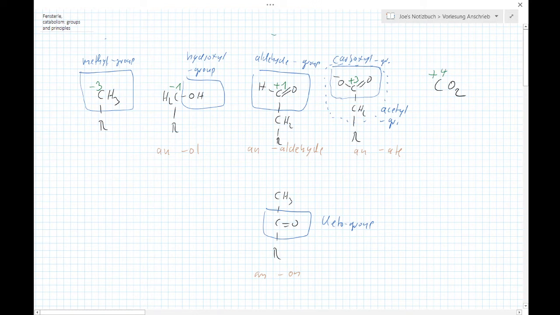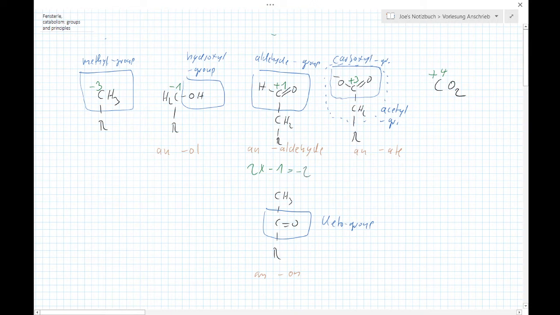If we look at the keto group here and we have a look at this carbon, let's first check this methyl group here. So here we have 2 times minus 1. The carbon bonds here and here, here and here. It's a carbon bond, so this is of course 0. So this is then minus 2.